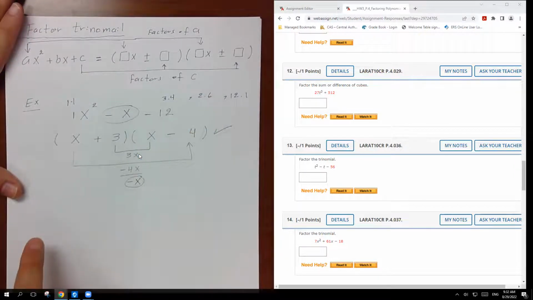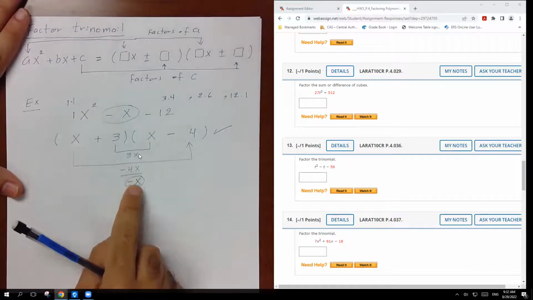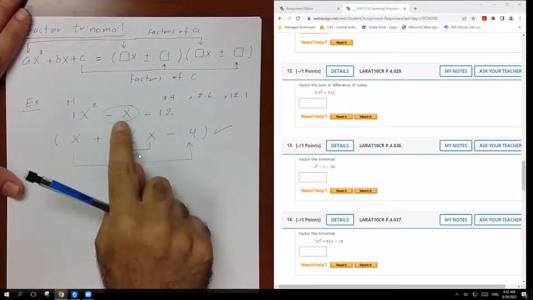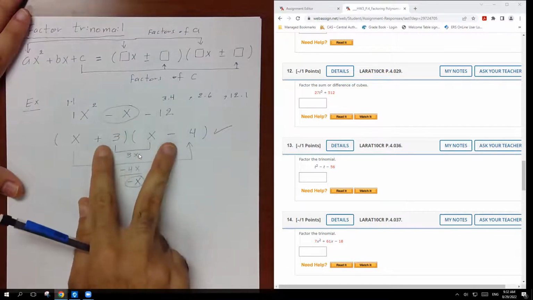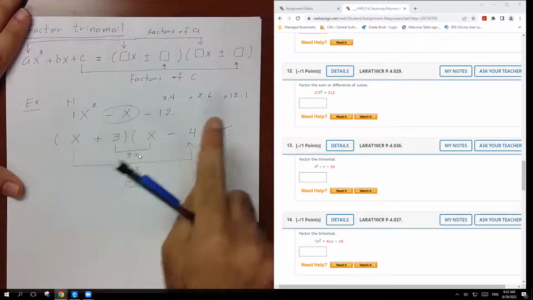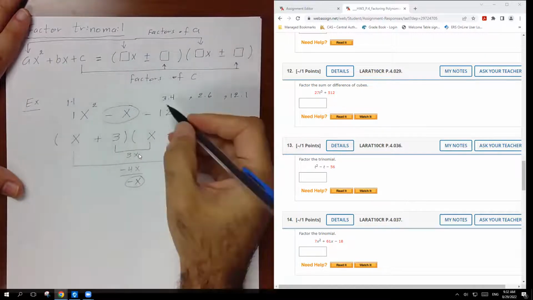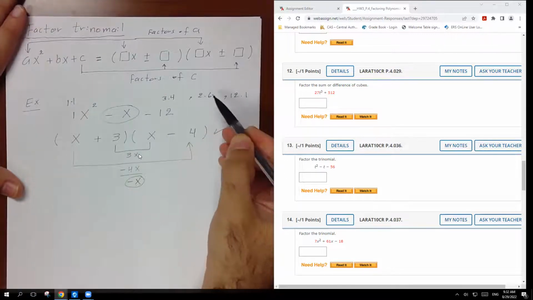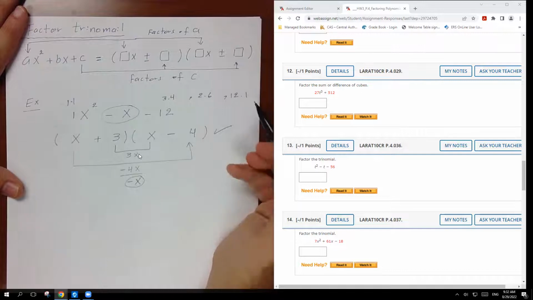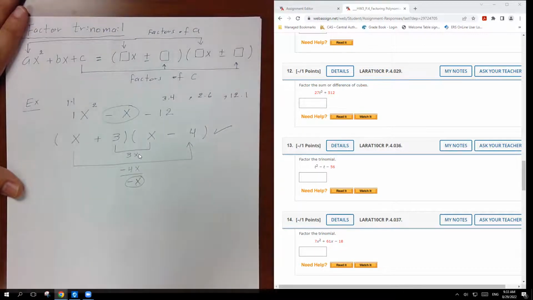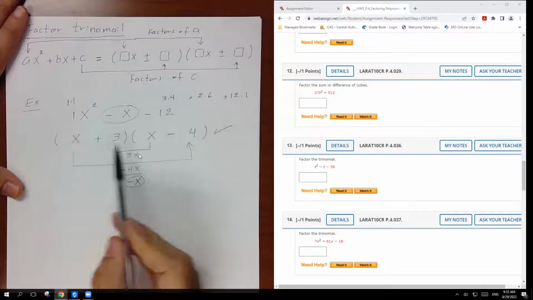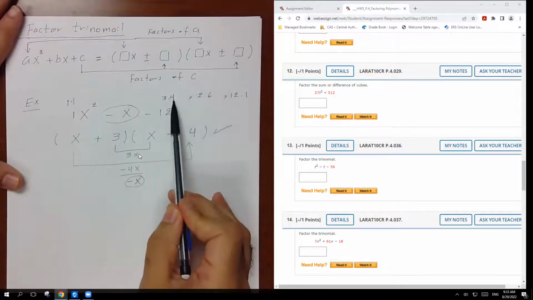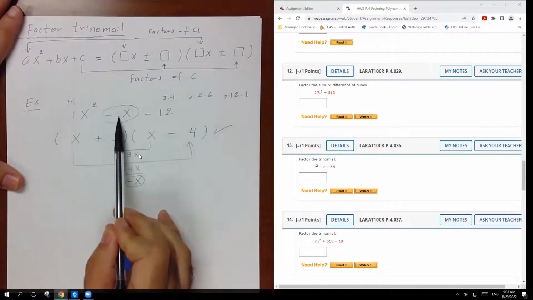If you still got different one, you're not going to choose these factors, you're going to go ahead and choose 2 and 6 and keep going. If not, you're going to choose 12 and 1 until you have the right factors to get the middle term. So like we are lucky, we choose 3 and 4, we get negative 1, which is the right one.